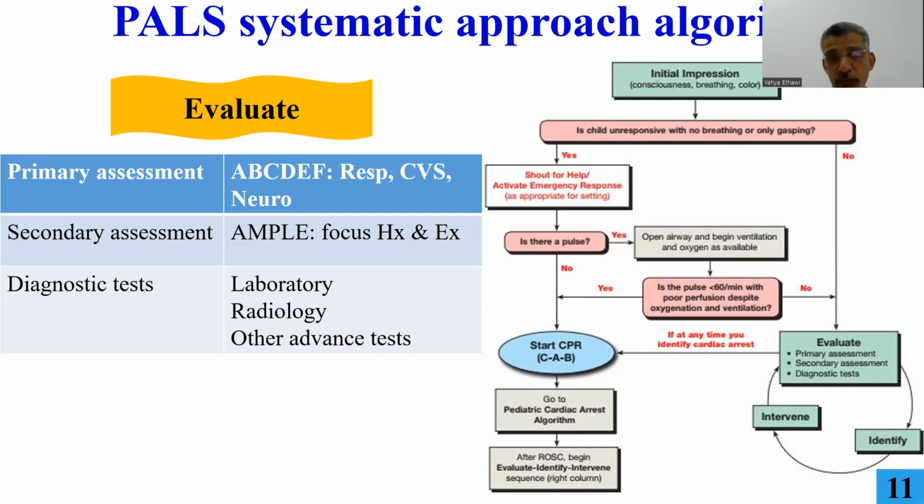And then we do diagnostic testing, which includes lab and radiology, whether it's ultrasound, CT scan, MRI, and it might involve other advanced radiological or lab testing. So that's in general how we take care of a sick child. Any questions so far?